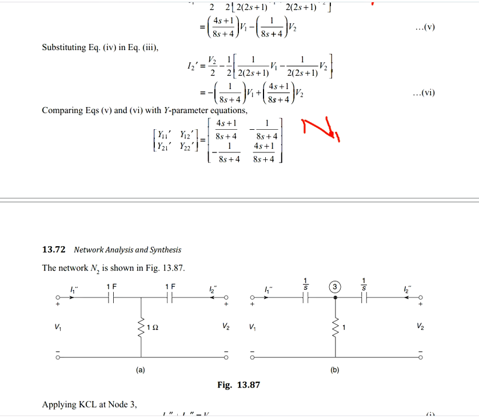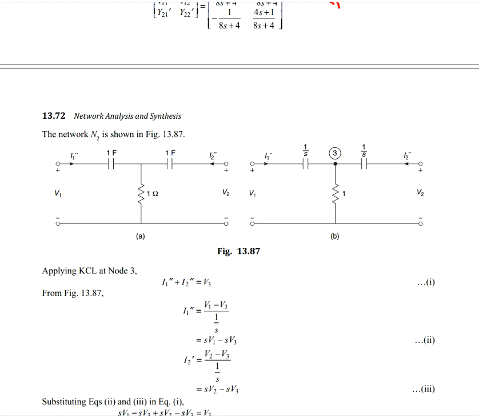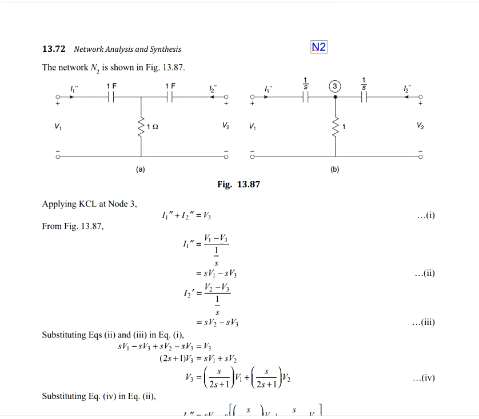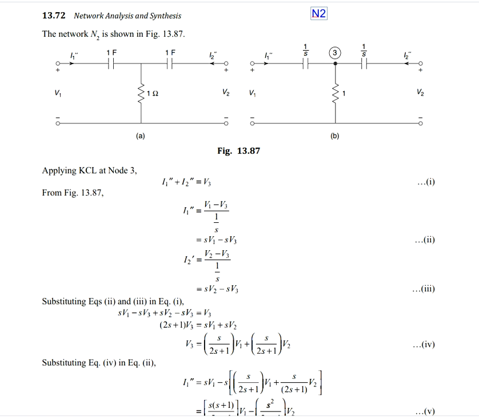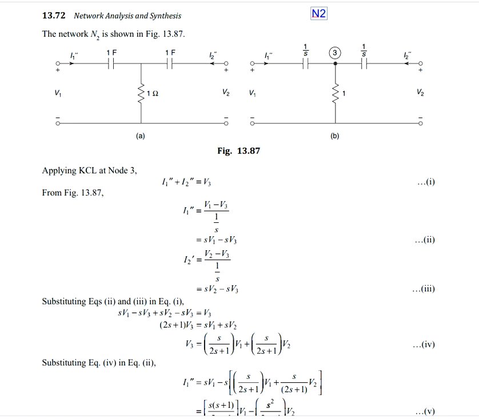Now you need to consider that network as N2, and here again we proceed with the Laplace domain. Then it will be 1 by Cs, that is 1 by s, 1 by s and 1, right? For this N2 network, again you need to determine y parameters. This is the procedure which can be done using either KVL or KCL.